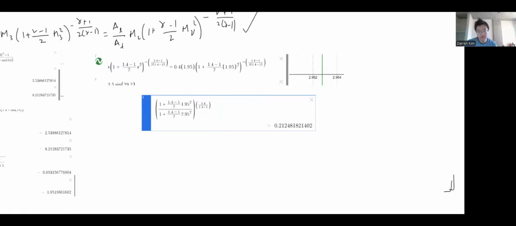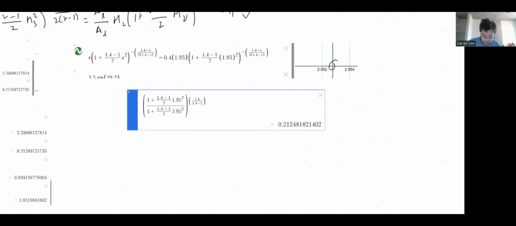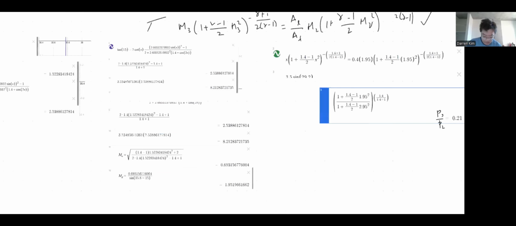Okay, so now we have to do a normal wave, basically the normal wave equation, which I should probably write down what these are, because I don't think it's very helpful for me to just write this. So this over here is the Mach number 3. Over here it is P3 over P2. Let me just do that real quick for all of them. Wait, is it 3? This is Mach number 2, I believe.